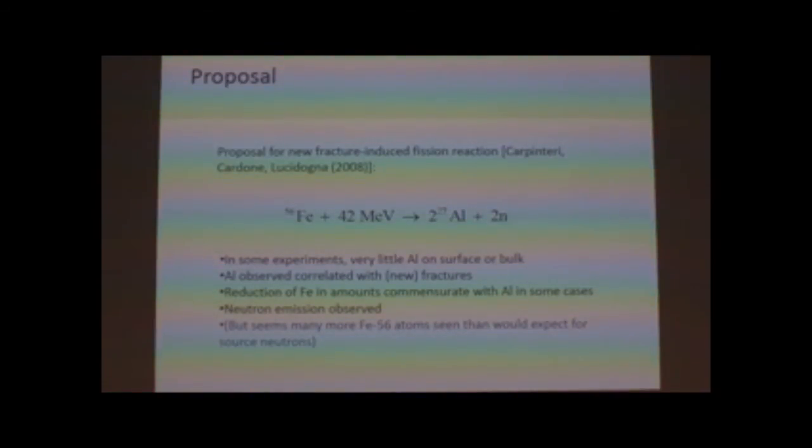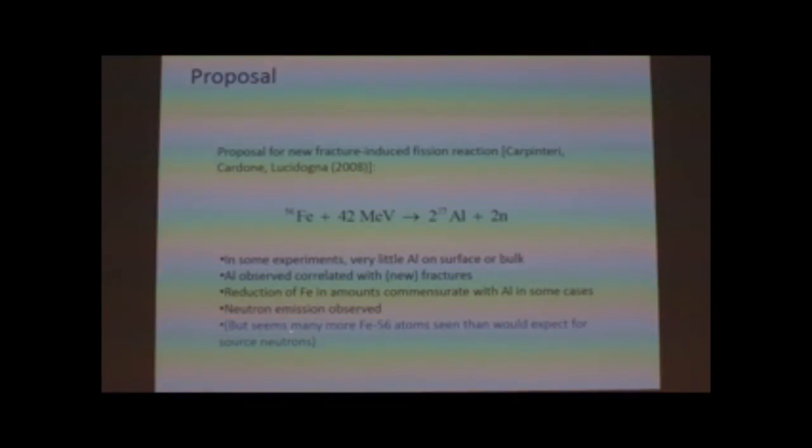So, as I've said, in some experiments there'll be very little aluminum there initially, and then the initial aluminum that's observed will be correlated with the new fractures. Reduction of iron down in amounts that are half the amount the aluminum goes up, neutron emission.